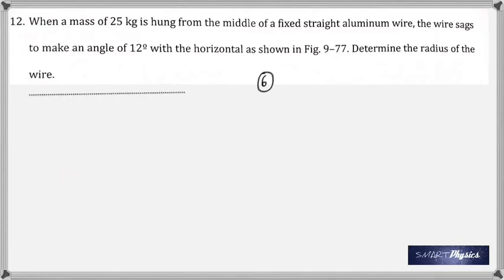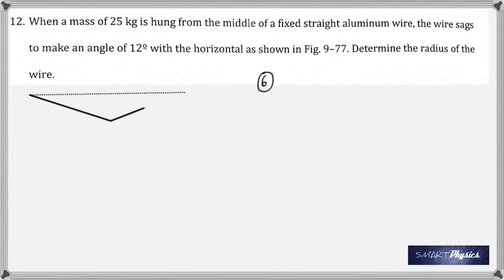In this question, you have a mass of 25 kilograms hung from the middle of a fixed straight aluminum wire. And because of that mass, the wire sags to make an angle of 12 degrees with the horizontal. Find the radius of the wire. Why does it sag? It sags because it stretches. And so we got to find how much it stretches from the angle given.